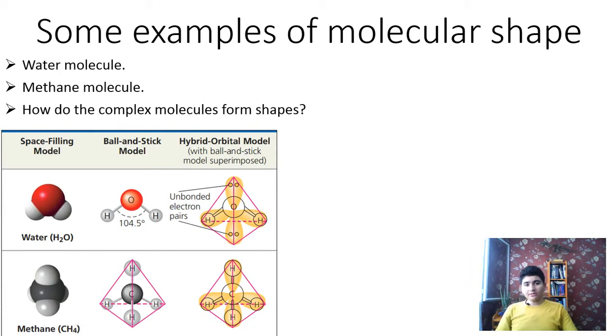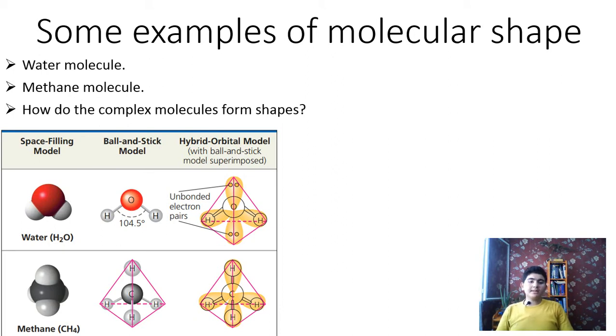As I told you, it is a tetrahedron, and as you can see, the shape of the molecule is roughly like a V shape, with its two covalent bonds at an angle of 104.5 degrees, as shown in this picture.